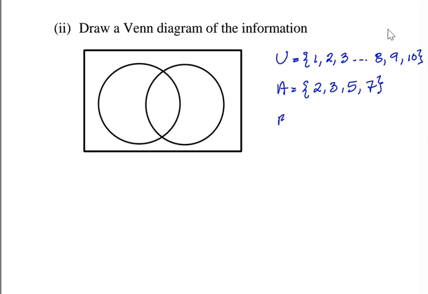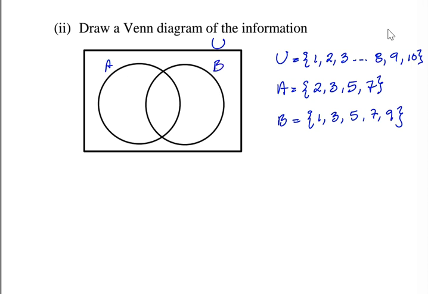B is the set of odd numbers. All right. So let's represent this on this Venn diagram now. First of all, let's put in U, indicating the universal set. Over here we have the set A. Over here we have the set B.